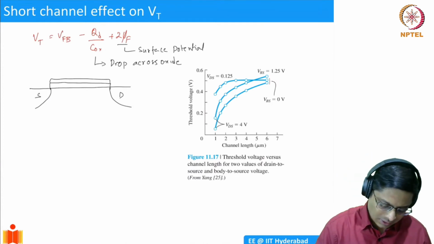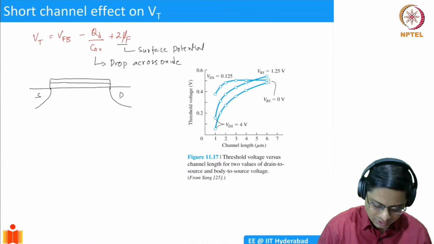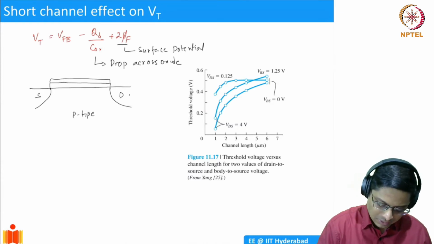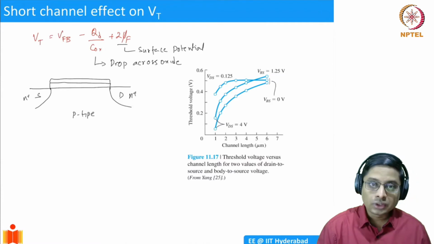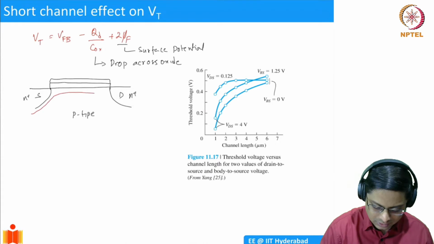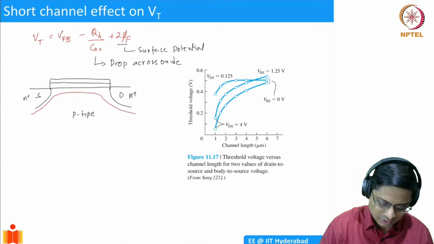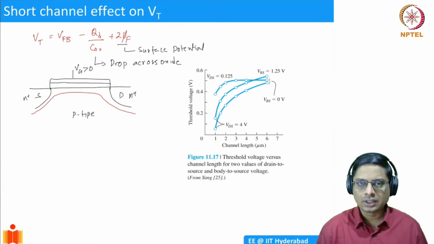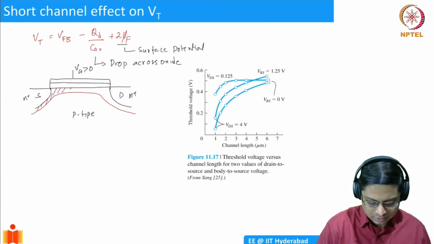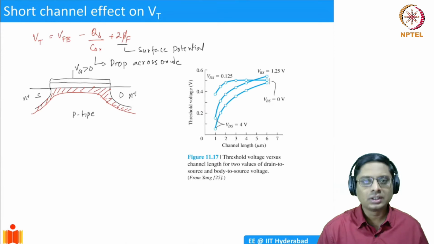This is a P type substrate, so it is an N channel device. So this is N plus and this is N plus. In such a scenario, you will have a depletion region under the gate. Let's say VG is greater than 0. So there is going to be this depletion region under the gate, and also some depletion region around the source and the drain junctions, because those are also PN junctions.